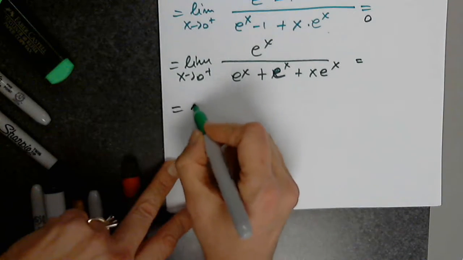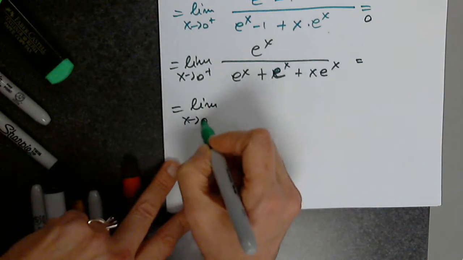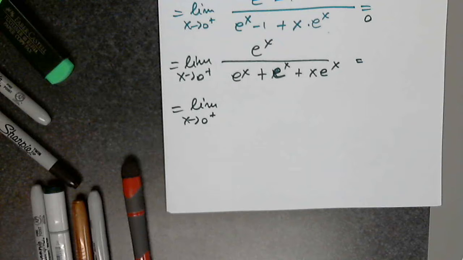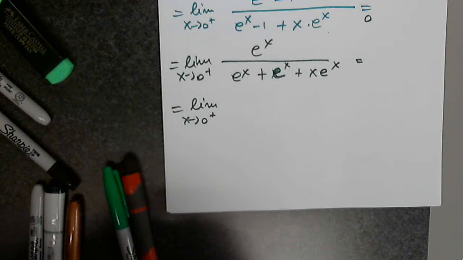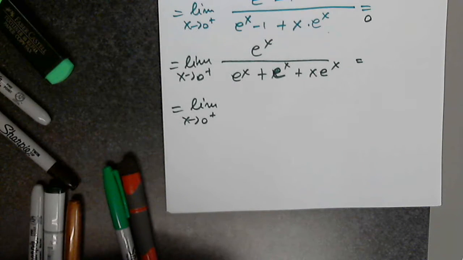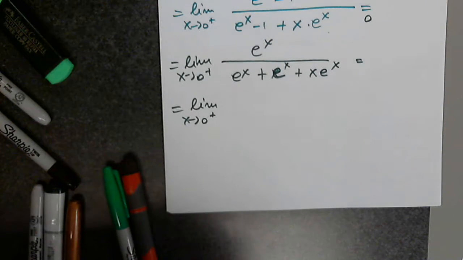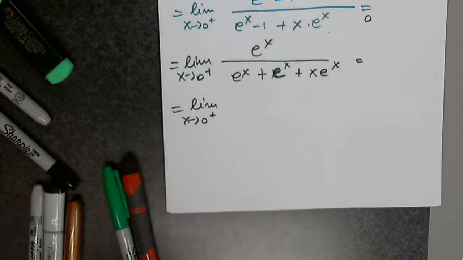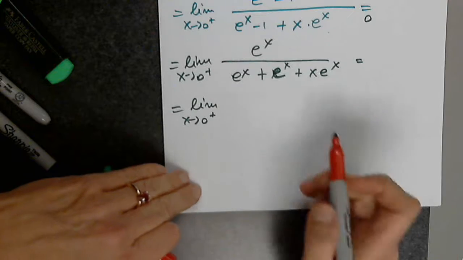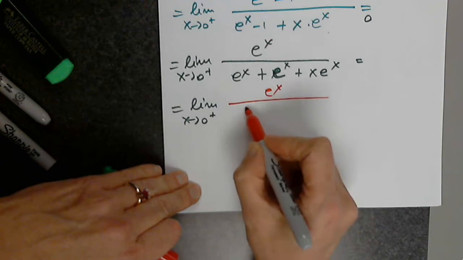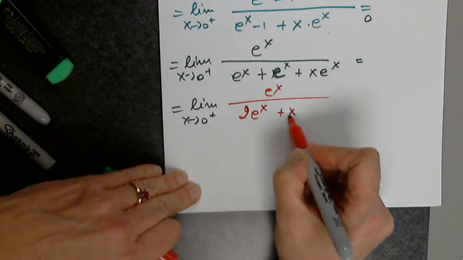What will I do next? Look at this ratio and say, oh, I know. There is nothing I can combine. Oh, other than, oh yeah, I see e to the x and e to the x, but I was expecting something else. Sorry about that. You're right.